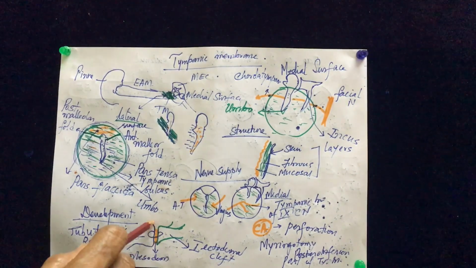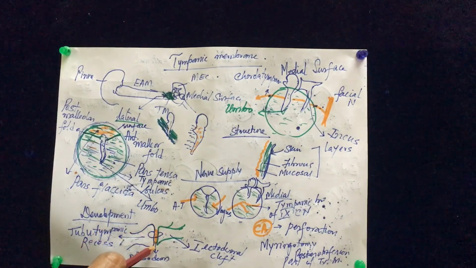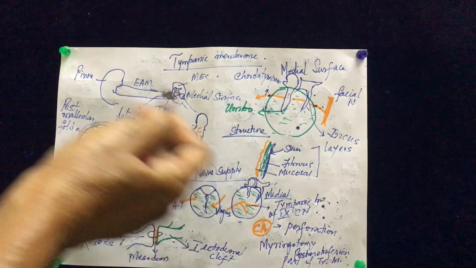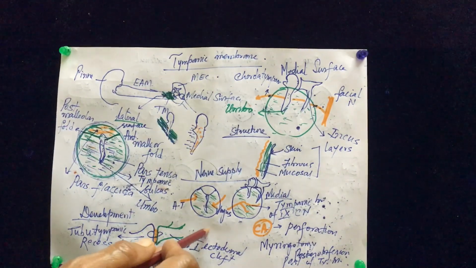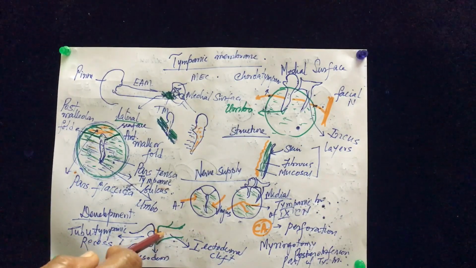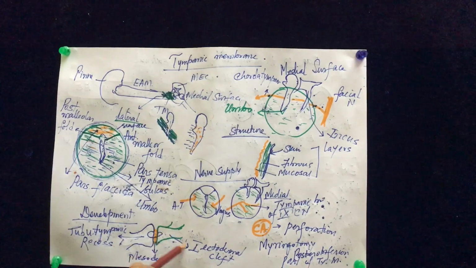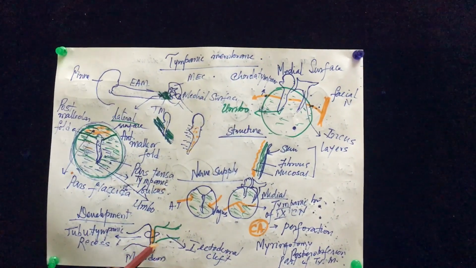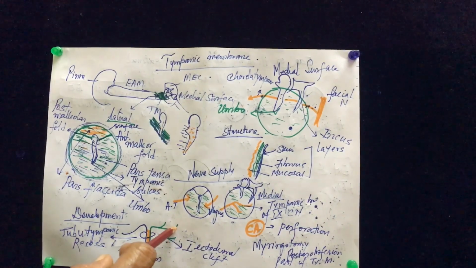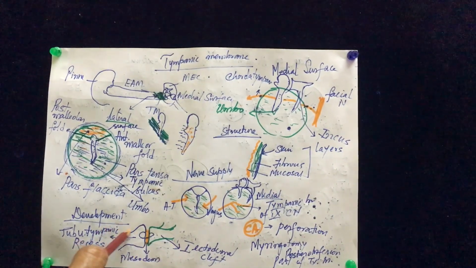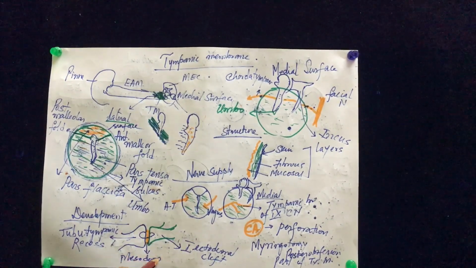The extension of the tubotympanic recess forms the medial layer of the tympanic membrane. The second component that takes part in its formation is the first ectodermal cleft, and in between is the mesoderm.